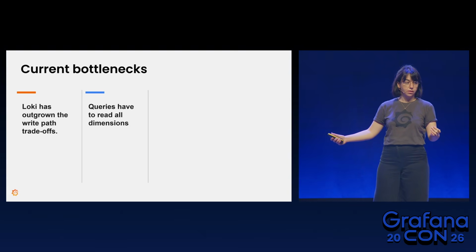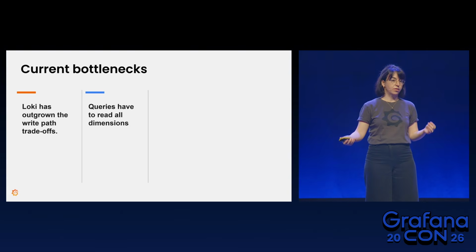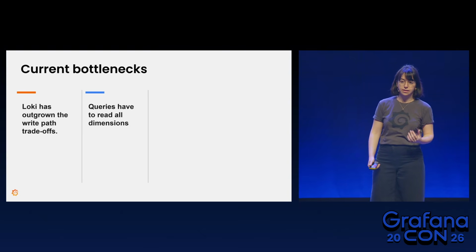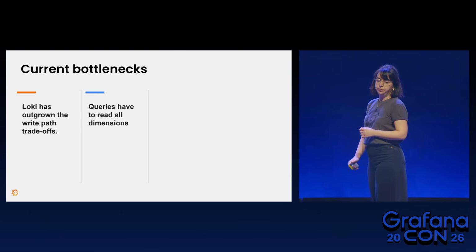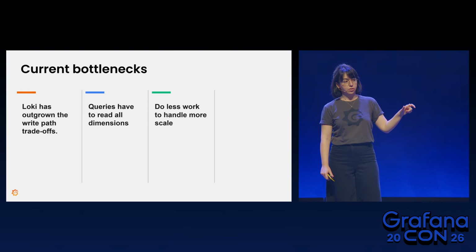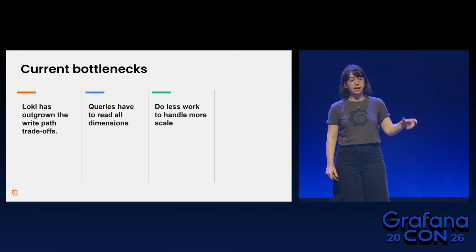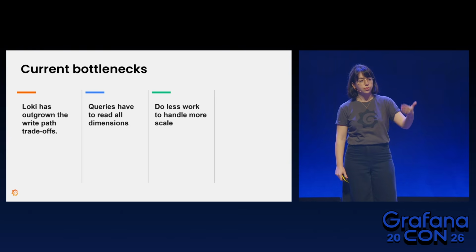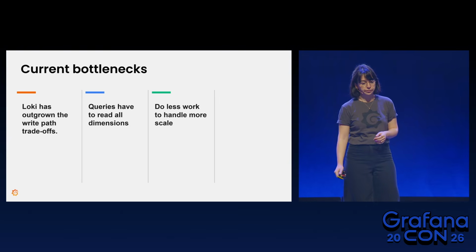But Loki has to parse the entire line, and we know up to 97% of the log message is not needed to answer this question. Loki is doing a lot of work to answer the question in the way it's designed, and we are trying to reduce the work that it's doing at a time.